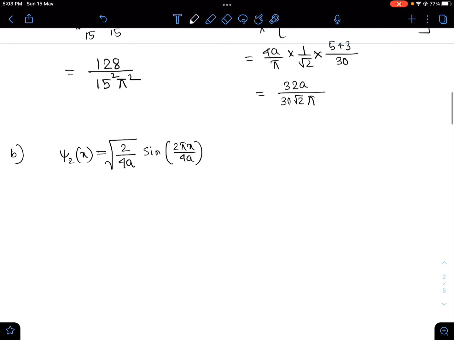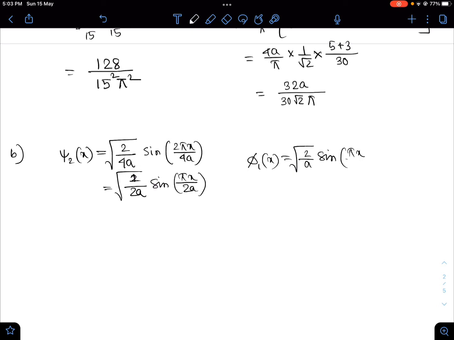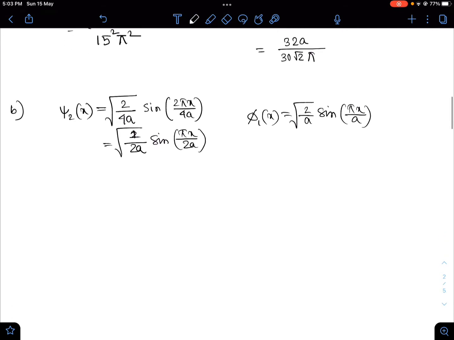So it will be like 1 by root 2a sine pi x by 2a, and we have our psi 1 to be root under 2 by a sine pi x by a. So we have to find this term.